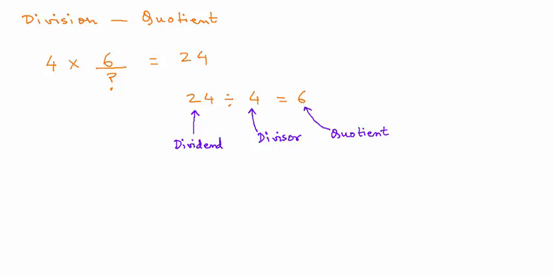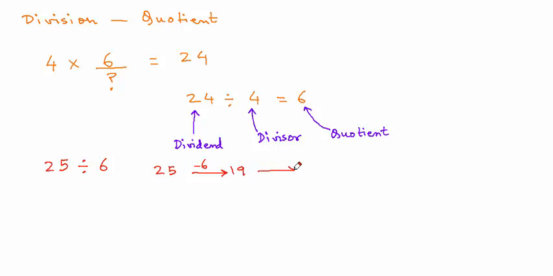You can also use division to find out how many times you can subtract a given number from a larger number until you can subtract no more. For example, consider the division sentence 25 divided with 6. Another way of saying this is, you start from 25 and you keep subtracting 6. So 25 minus 6 is 19.